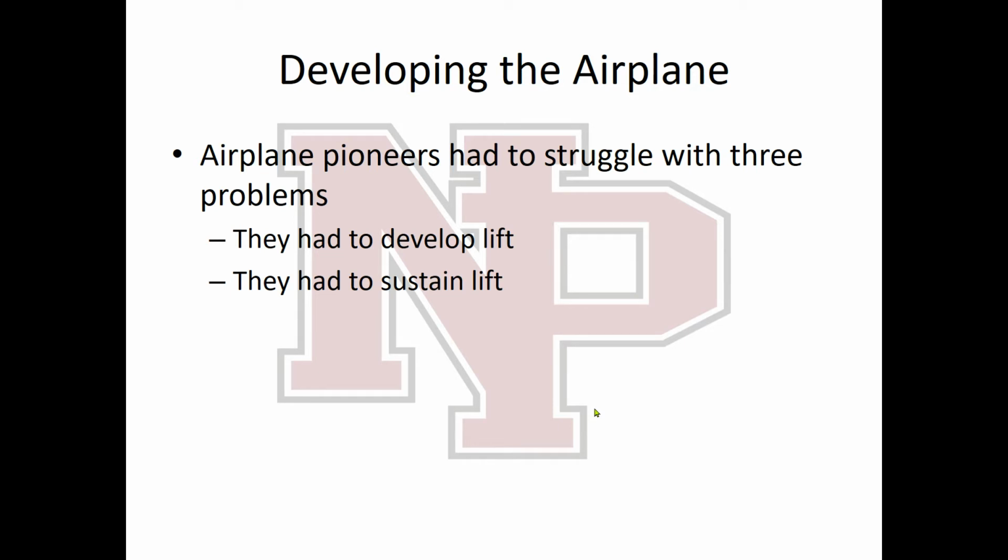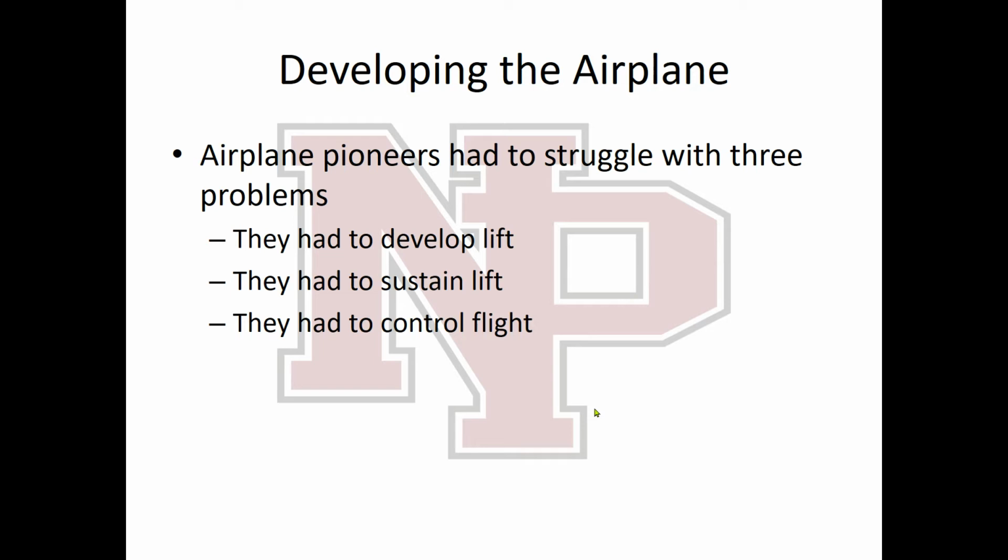And then once I'm in the air and I'm sustained, how am I going to control where I need to go? Hot air balloons couldn't control, only by the currents of the winds and stuff like that. Dirigibles got more control. Can we use those types of control in the flight of a heavier than air aircraft?